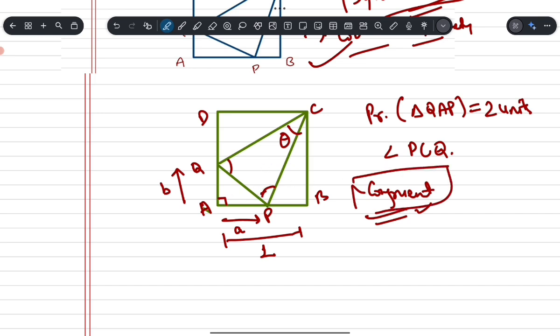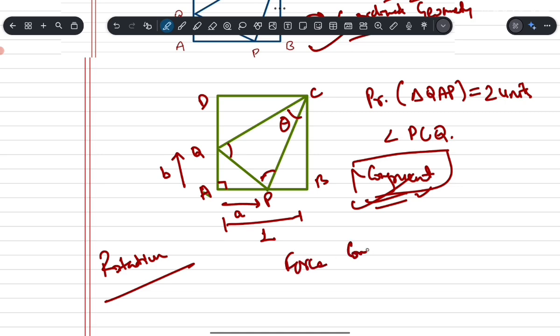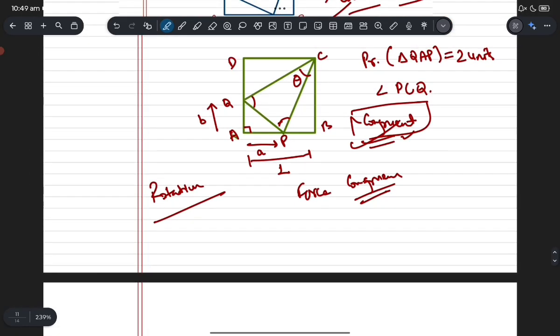So what we'll do is, we'll use the technique of rotation. Why? Because it's not easy straight away to spot congruent triangles. So we'll force congruency. And how are we going to rotate this? We'll rotate triangle QCD.